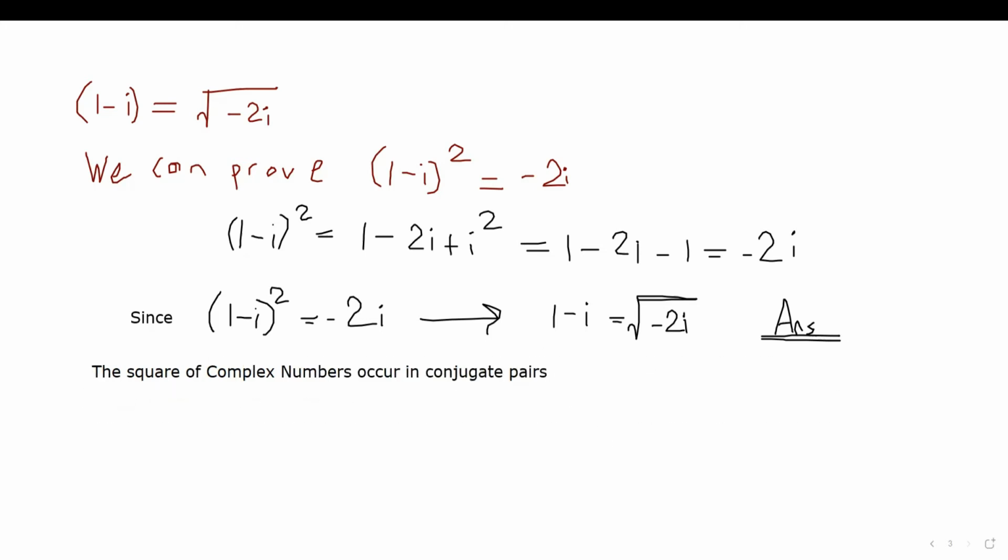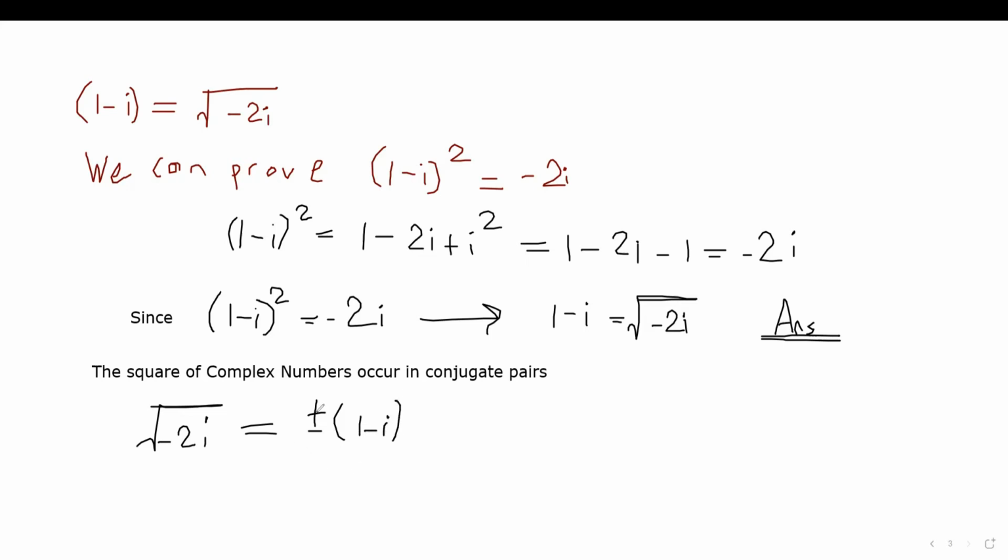What we mean by conjugate pairs is, if you square root minus 2i to get 1 minus i, and the square root of a complex number occurs in conjugate pair, what we're then saying is the square root of minus 2i is going to give you two answers. It's going to give you plus or minus in bracket 1 minus i.